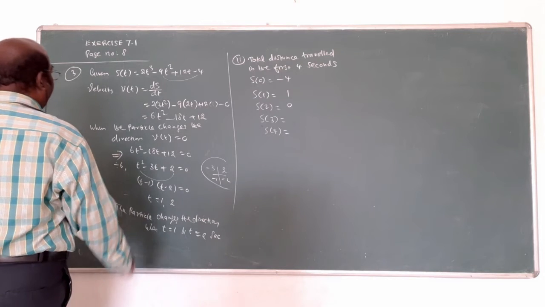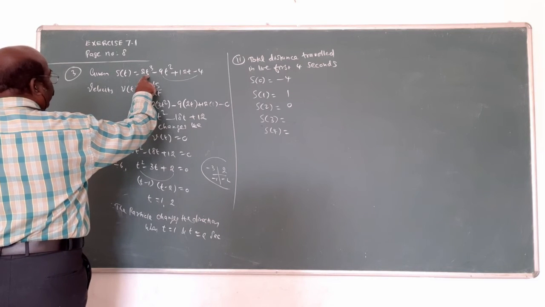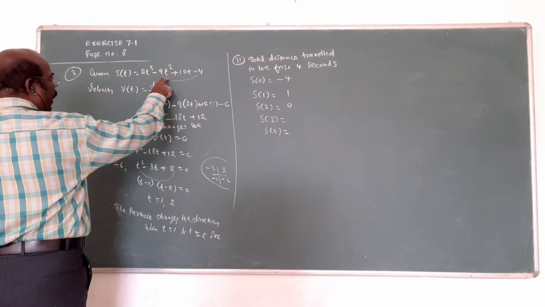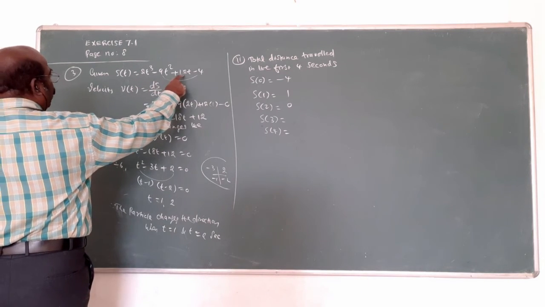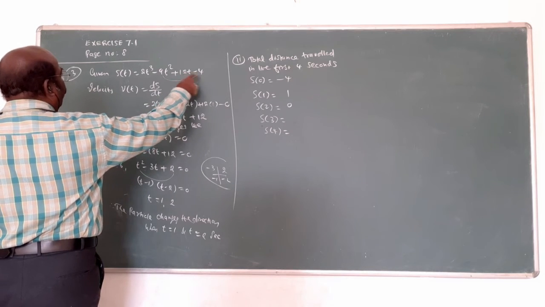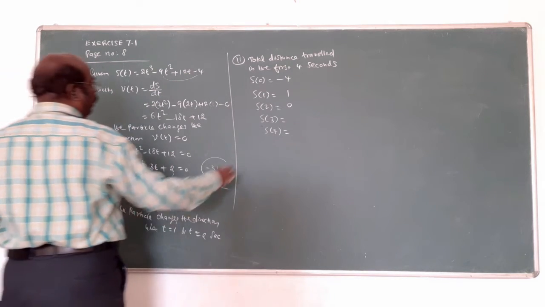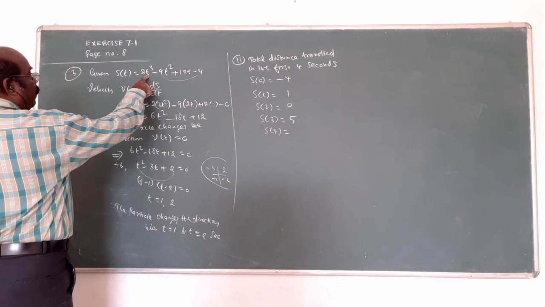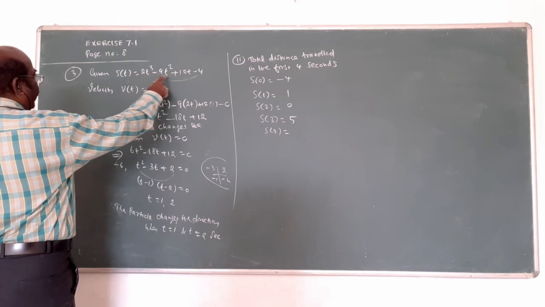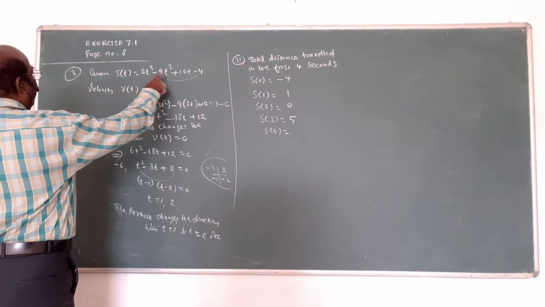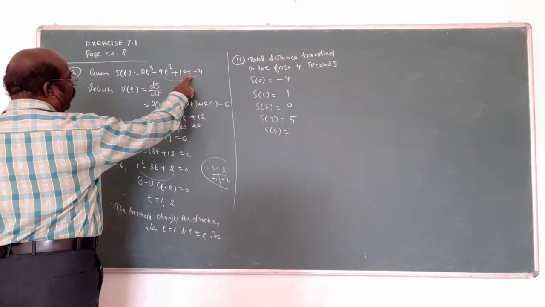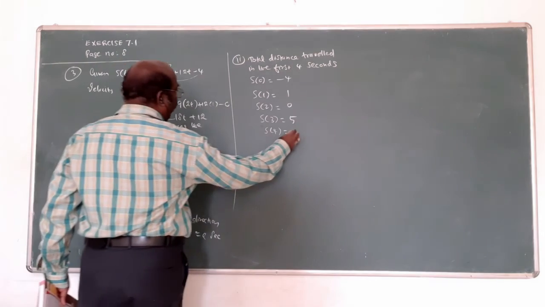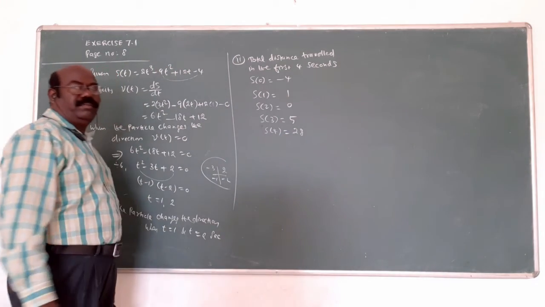S of 3: 3 cube is 27, into 2 is 54, 3 square is 9, 9 nines are 81, 12 threes are 36, minus 4. After simplification, 5. Then 4 cube is 64, into 2 is 128, 16 into 9 is 144, 12 into 4 is 48, minus 4. After simplification it is 28. In this way, you find them one by one.